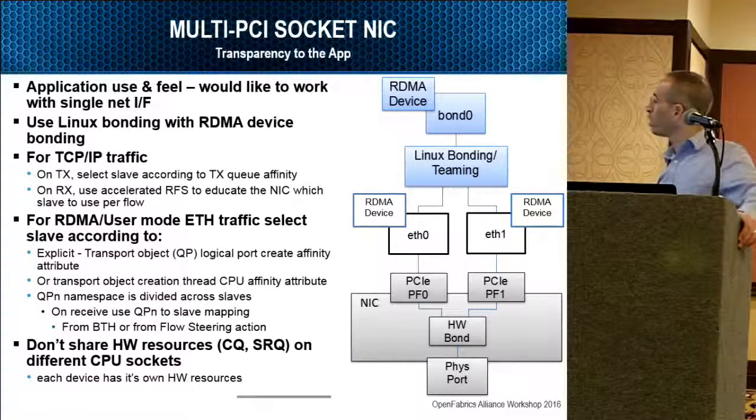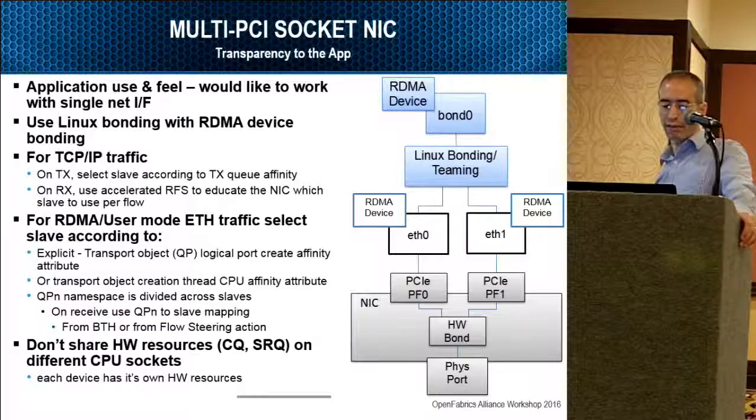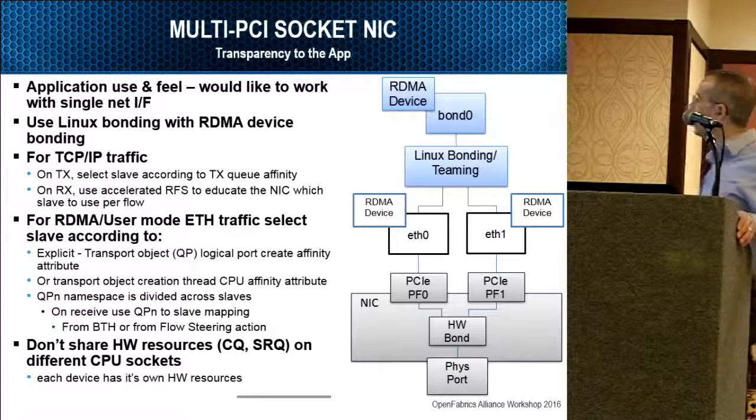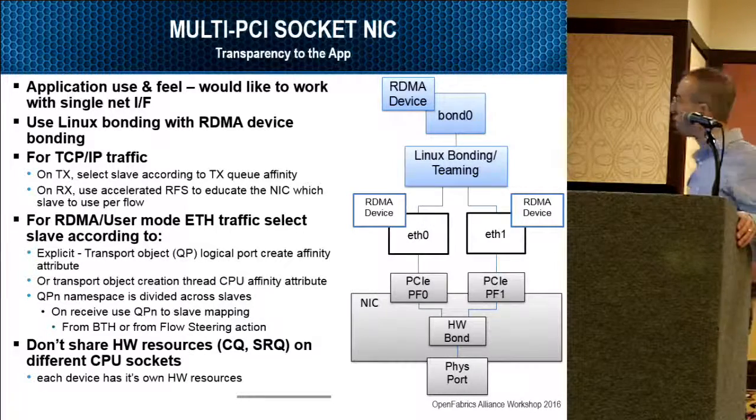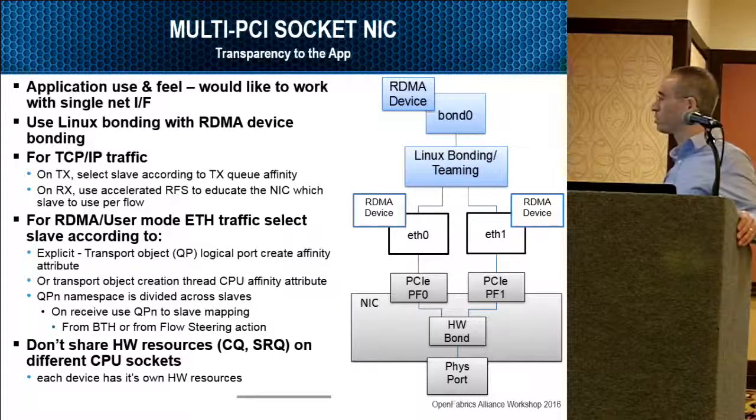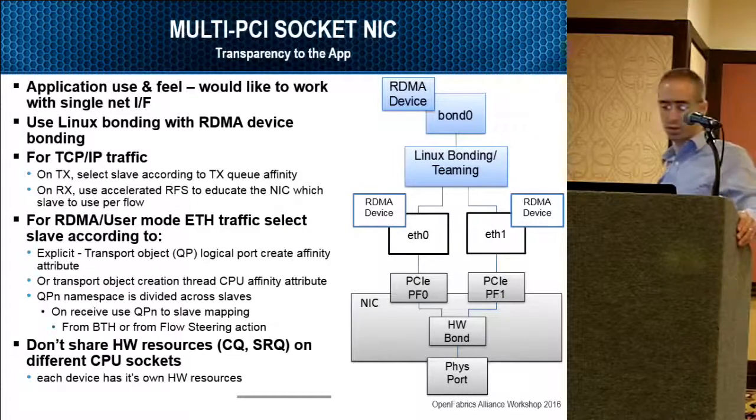So how traffic flows for TCP: we have select queue logic. Select queue logic selects the right queue from ETH0 or from ETH1. By selecting the queue, we actually know which PCI device should be sending the traffic. So we can choose the right, local device to send the traffic.